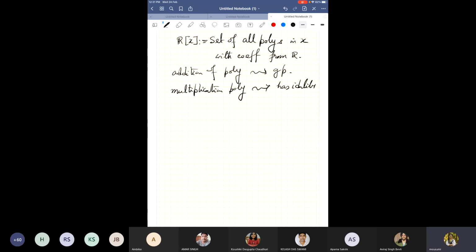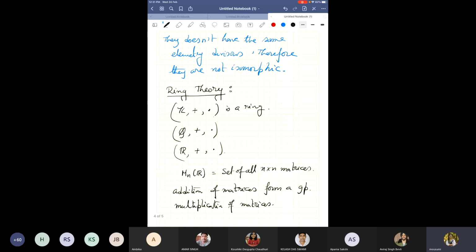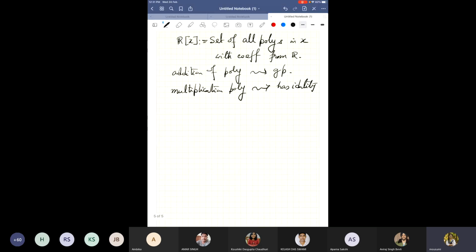No, because if you have any polynomial, then its inverse need not exist. Okay, and multiplication has the identity element. What is the identity? Constant polynomial 1. Okay, good.